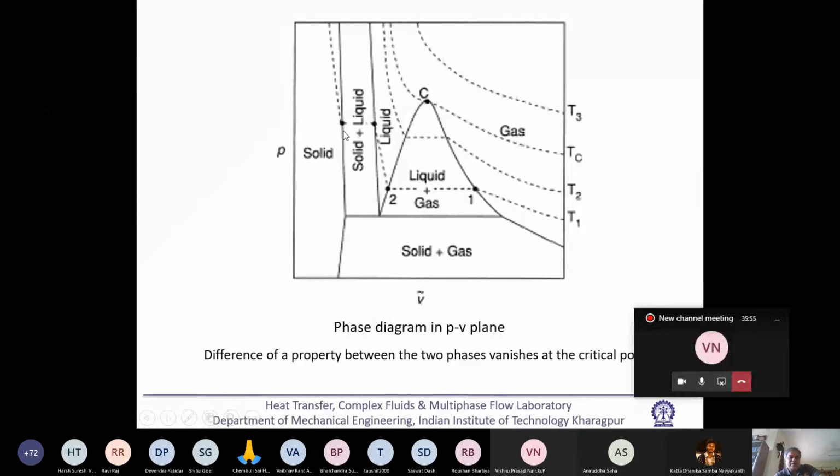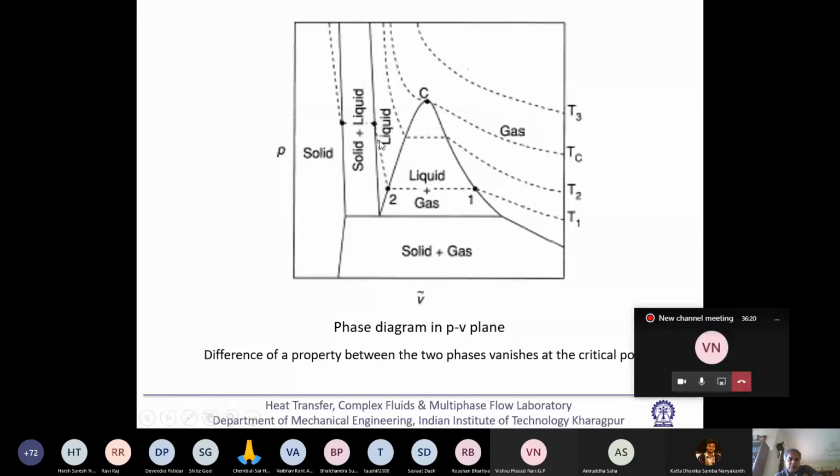So let me explain it with this diagram. This is more familiar to us. It is actually a PV diagram. As we are having different temperatures, let's say we are following the curve T2 or we are following the curve T1. On curve T1, we are reducing the pressure.